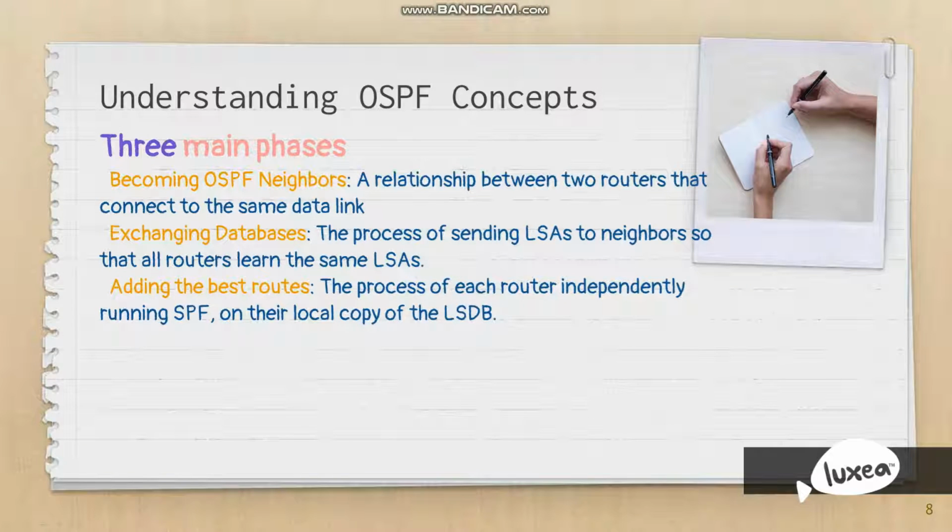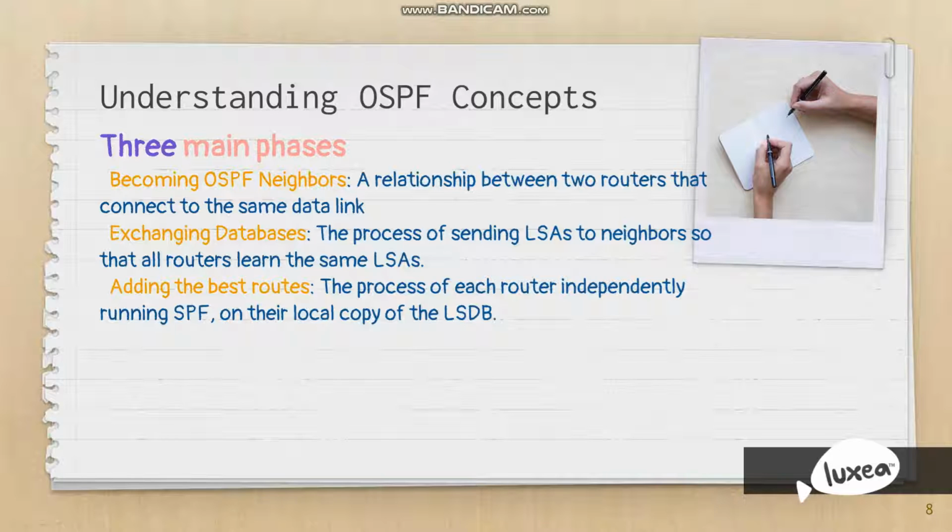Now we have three main phases of how OSPF routers accomplish the work of exchanging LSAs and calculating routes. First, becoming OSPF neighbors, a relationship between two routers that connect to the same data link.